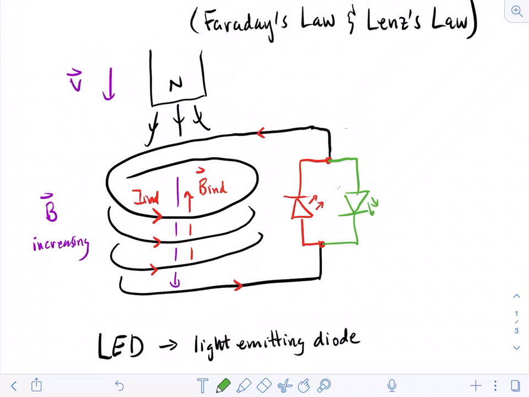If the magnetic field is increasing in the downwards direction, B induced opposes that change, and we would get an I induced that flows in this direction. That goes through the red diode, but it can't go through the green diode because it's the wrong direction. So in this case, our red light turns on.